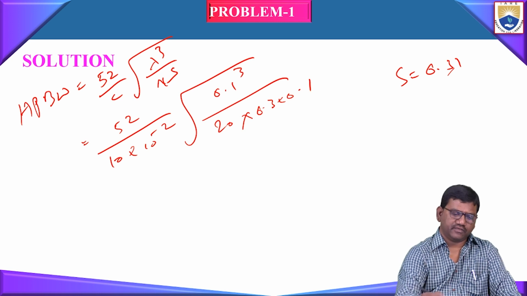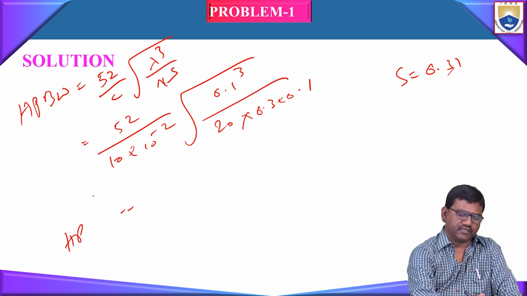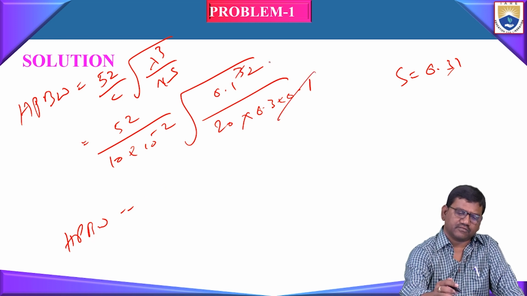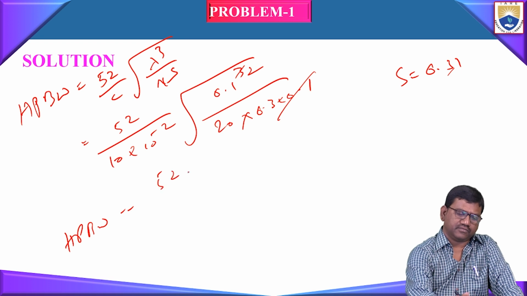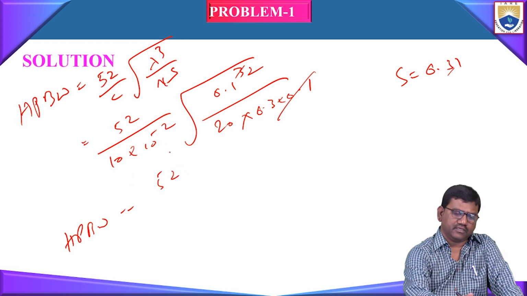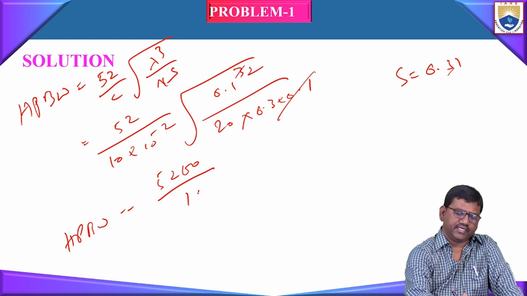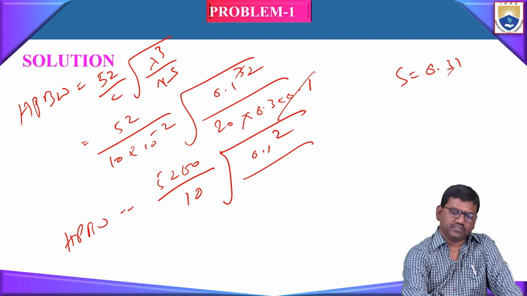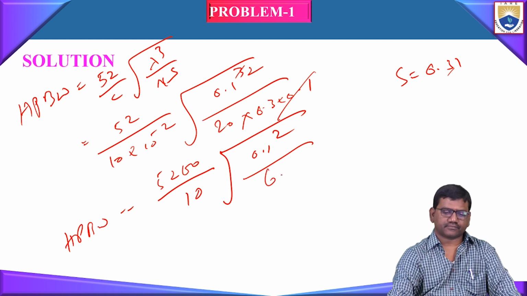If we simplify here, the 0.1 gets cancelled and you get the whole square. So 52 by 10 into 10 power minus 2 gives 520, root of 0.1 squared divided by 20 into 0.3, which is 6.